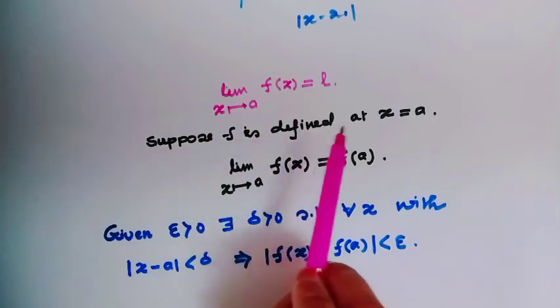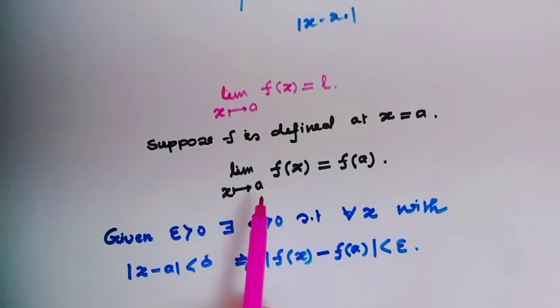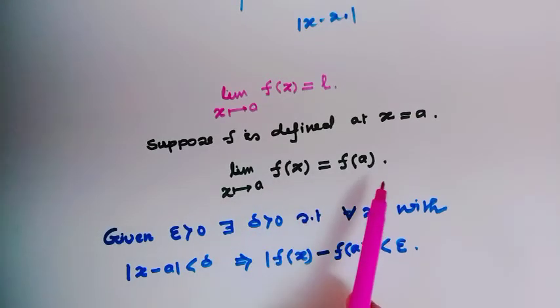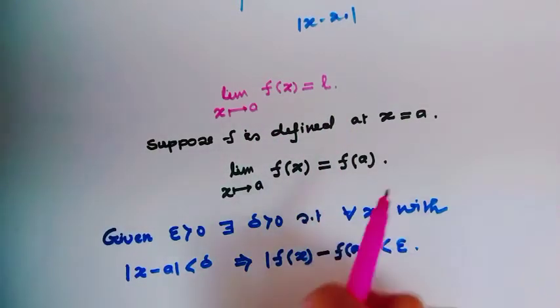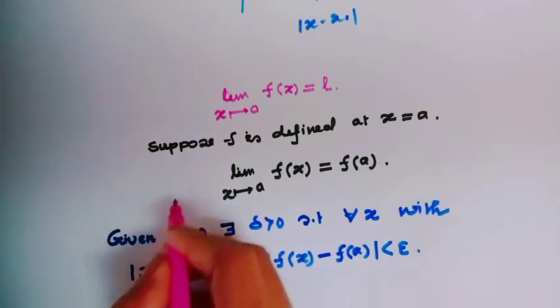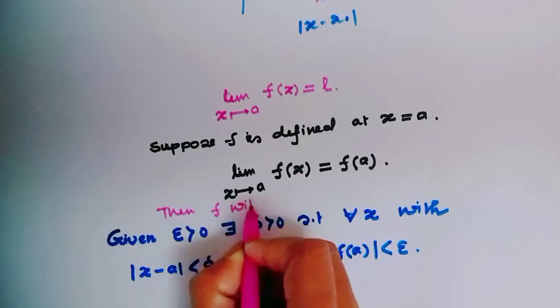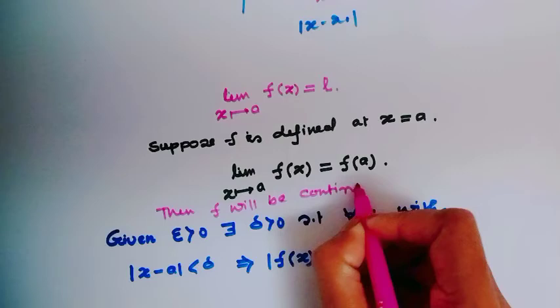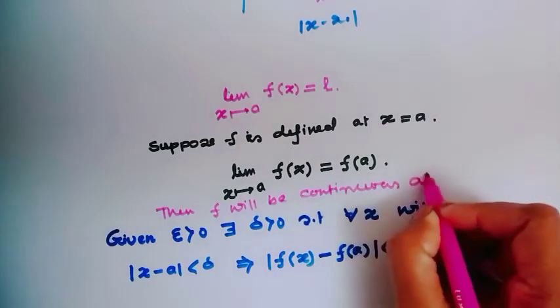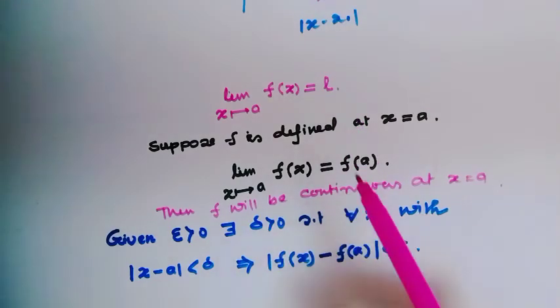Suppose f is defined at x equal to a and limit x tends to a of fx equals f of a, then f would be continuous at x equal to a. Are you getting my point? What is the difference between limit and continuity?